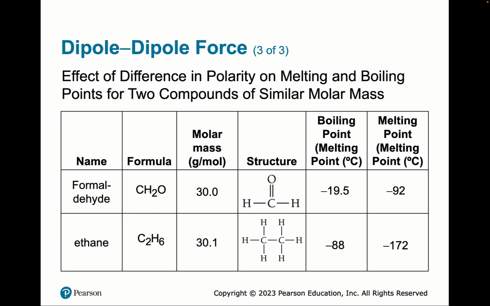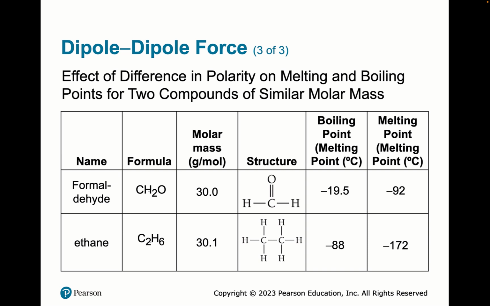To give you an idea, dispersion forces go up with mass. So the dispersion force for formaldehyde is going to be about the same as it is for ethane, because it has about the same amount of mass. But you can see that the boiling point is considerably higher for formaldehyde than it is for ethane.